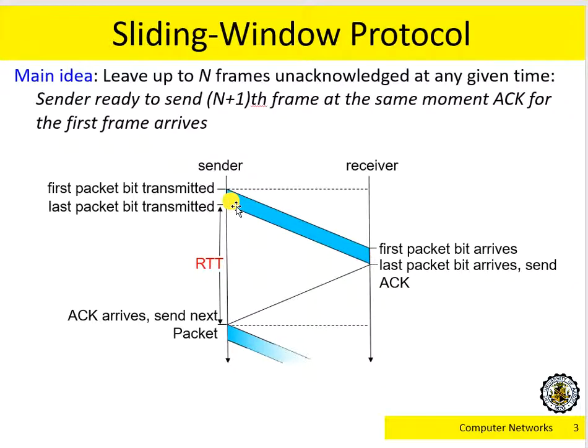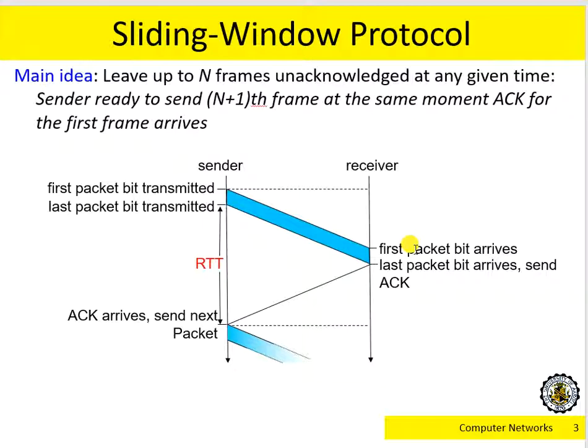Okay, so let me repeat again. Different from stop and wait, where I send one frame, wait until I receive the ACK, and then send another frame, instead I will send multiple frames. You can see here that I have sent multiple frames even before I receive the first ACK associated with the first frame, what we call the first packet.